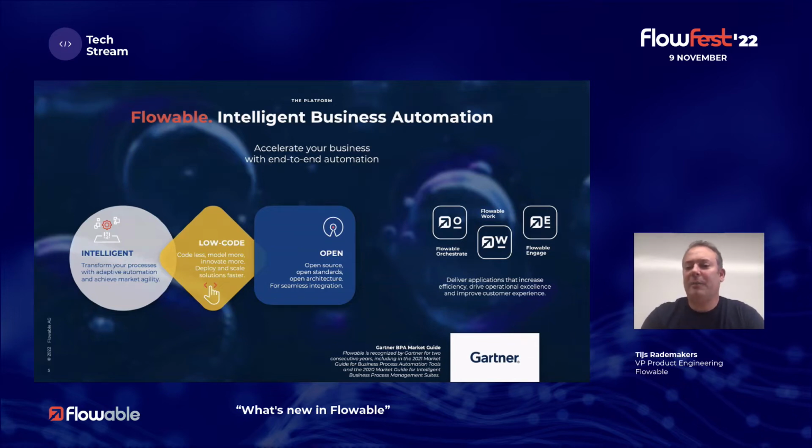Then if you look at the products that we have, we have our Flowable Work platform as our centerpiece, as our main product. That's really supporting our low-code capabilities. It allows you to design all the models that we have available, and you can run that with our Flowable Work UI. Then we have Flowable Orchestrate, and that's more a kind of bare bones approach.